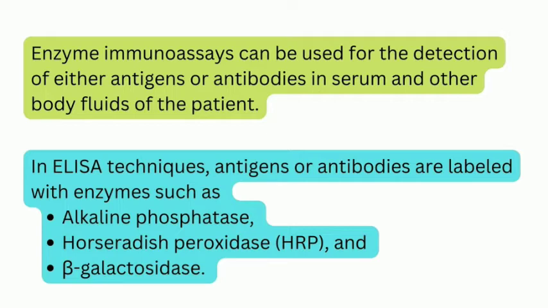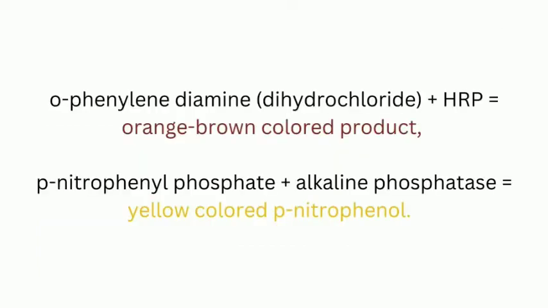Talking about the substrate specific to the enzyme, orthophenylenediamine dihydrochloride is used for horseradish peroxidase, producing an orange-brown colored product, whereas para-nitrophenyl phosphate is used for alkaline phosphatase, producing yellow-colored para-nitrophenol.